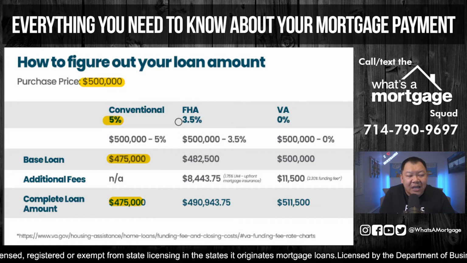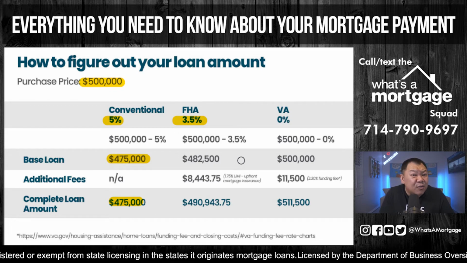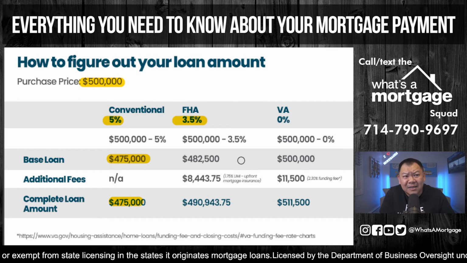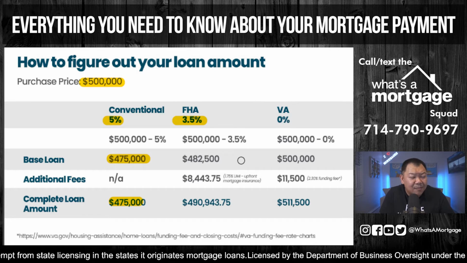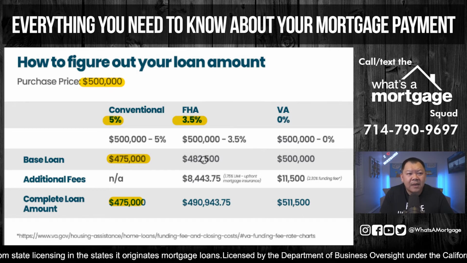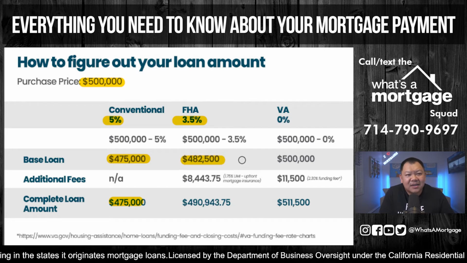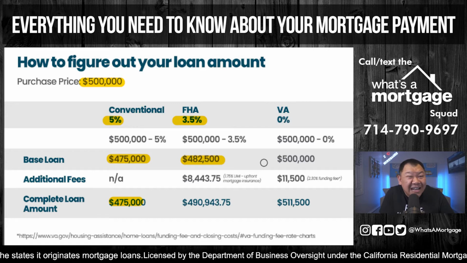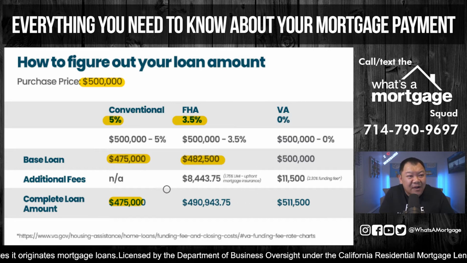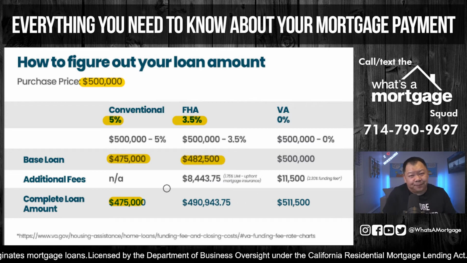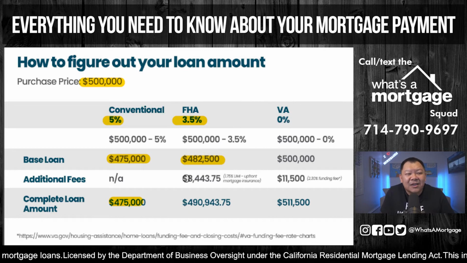And let's go with your FHA loan. I see some calculators, they won't even let you put 3.5% down. It's 5% down or 3% down. But if you're going to go with an FHA loan, make sure you know the minimum is 3.5% down. So on $500,000 at 3.5% down, it would make the base loan amount $482,500. But remember, with an FHA loan, there's a complete loan amount.